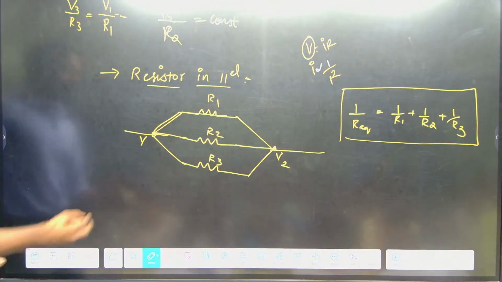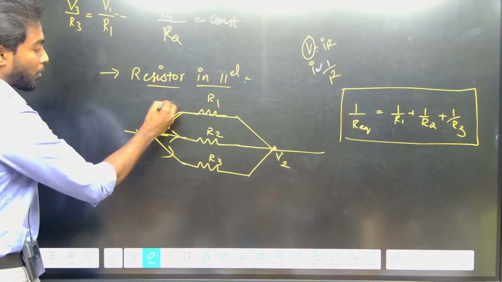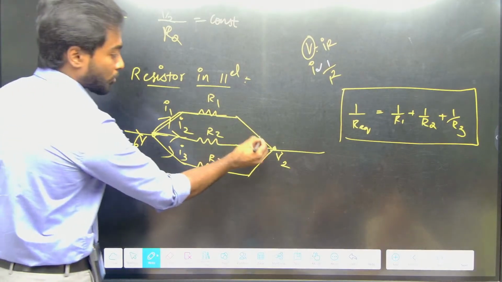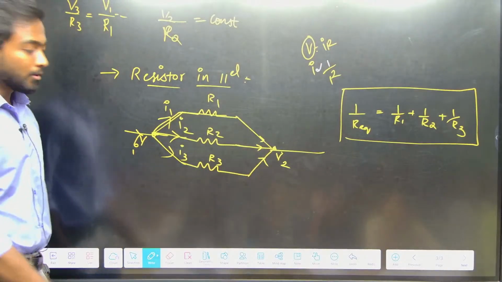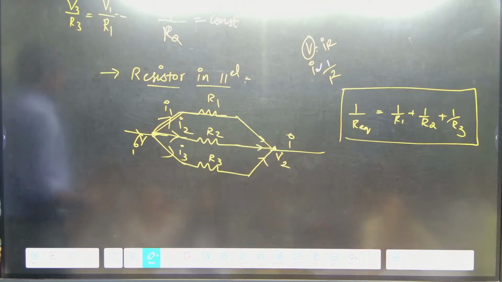So listen here, if I talk about the current I, it splits here into I1, I2, I3. Again at this junction they are added, and I will get the same I.